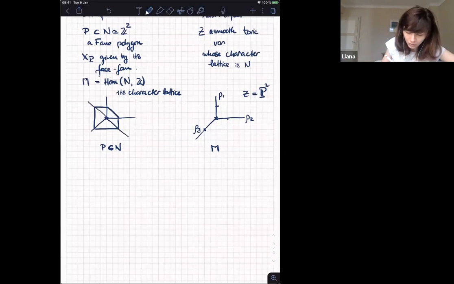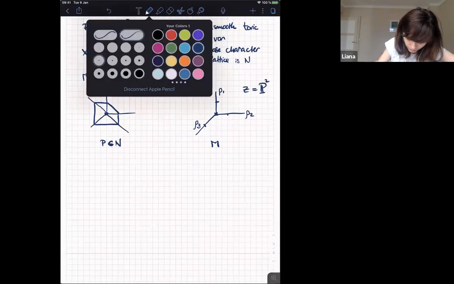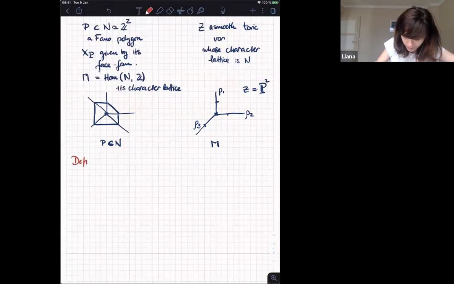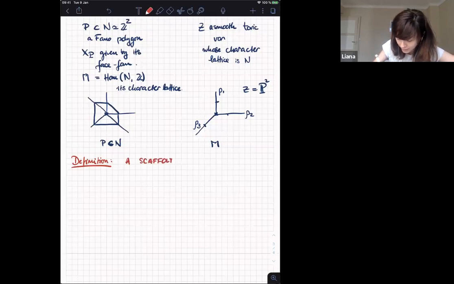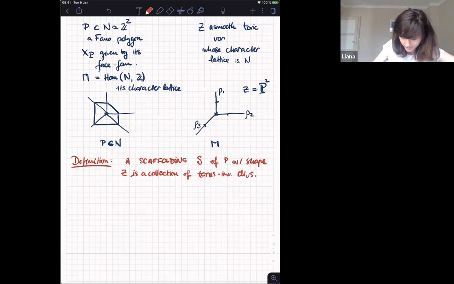Okay, so now I need to write a definition given these two guys. So a scaffolding. So the scaffolding will be S, for scaffolding of P with shape Z, is a collection of torus invariant divisors on Z such that, so I'll denote S as D_i.